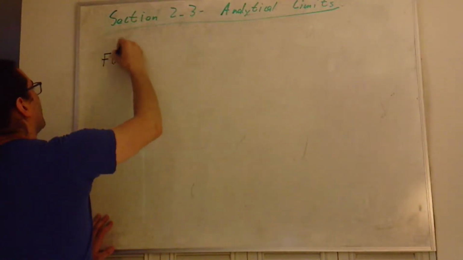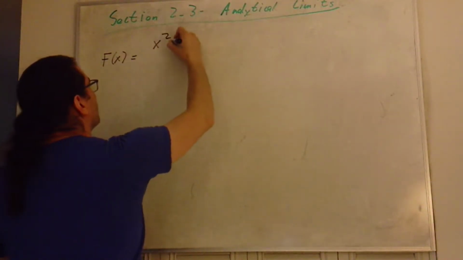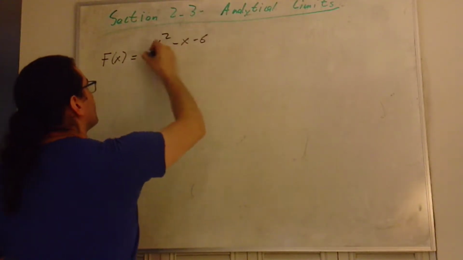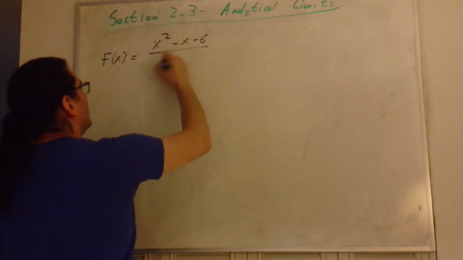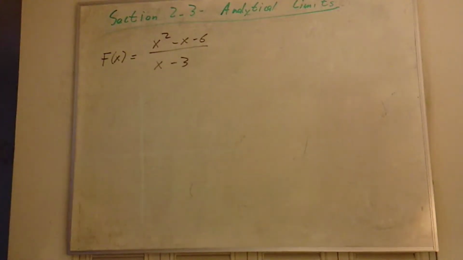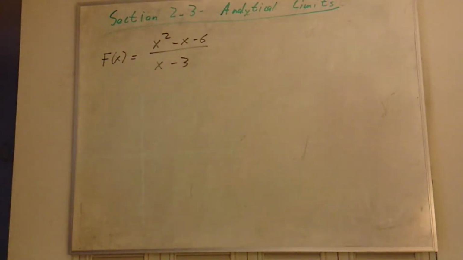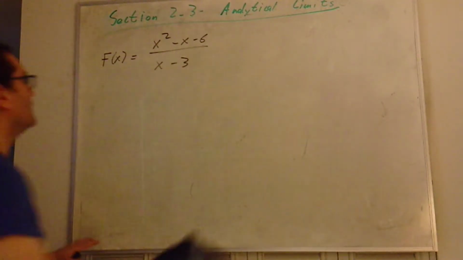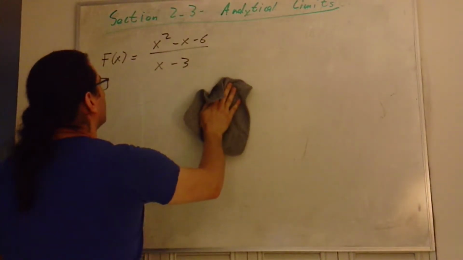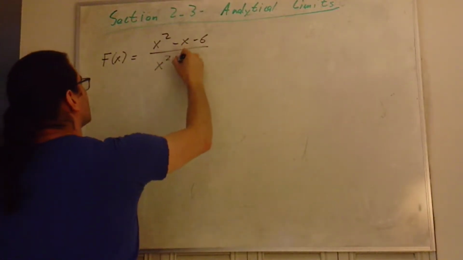Let's say f of x is, let's go with x squared minus x minus 6 divided by x minus 3. Nope, I lied. That should be, let's do x squared minus 9.